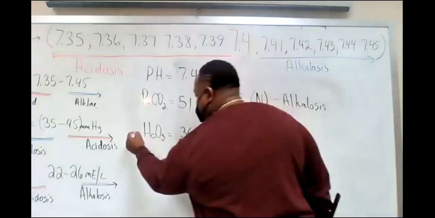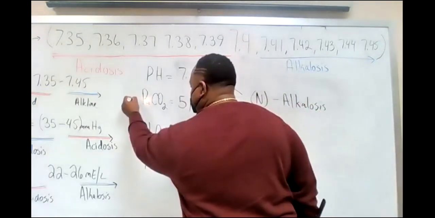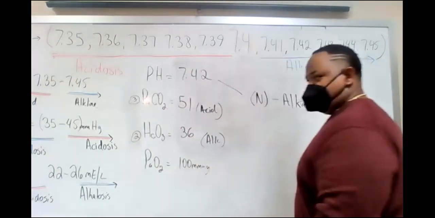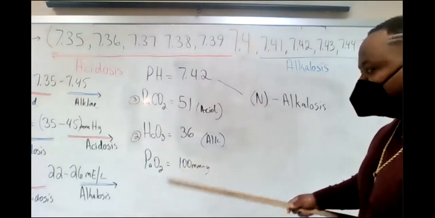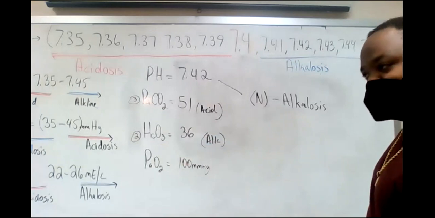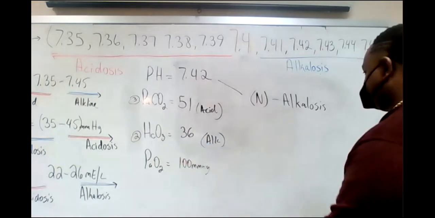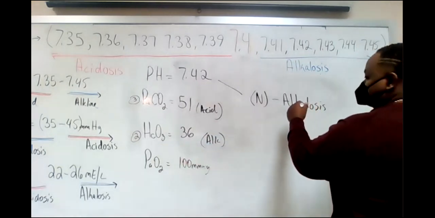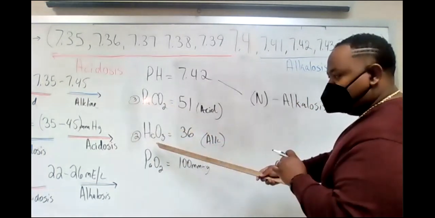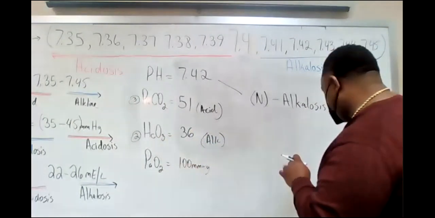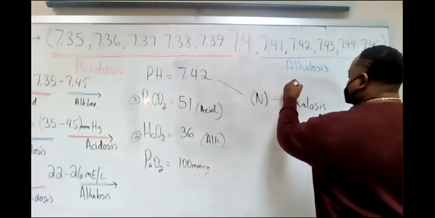So he is the second player. And that means CO2 will have to be the third player. Now, since we know that bicarb is causing the problem, what type of alkalosis are we in? Respiratory. Respiratory is CO2. Oh, metabolic. There you go. Metabolic.